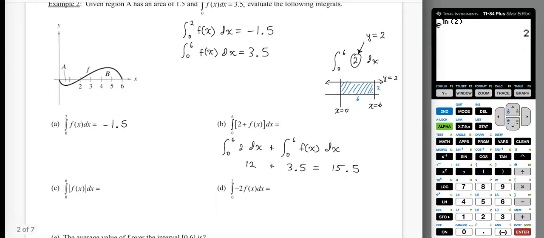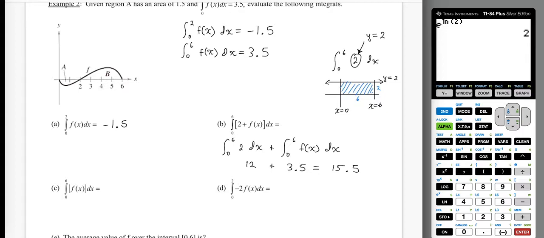For C, it's saying what's the absolute value of the integral of the absolute value of the function. Now, I've got to say, in all honesty, it wasn't until I became a teacher that I recognized that absolute values tell you to drop the negative for a number, but it's really just telling you to bring anything that is negative into the realm of positives.